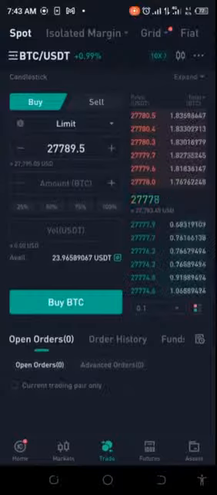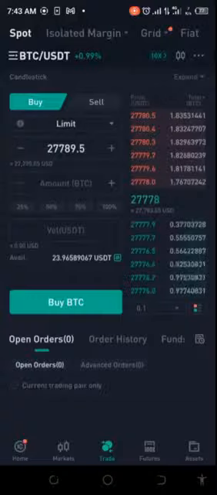We're going to look at the profit in 2 separate compartments. How much came into KuCoin? What came into KuCoin was 23.63.